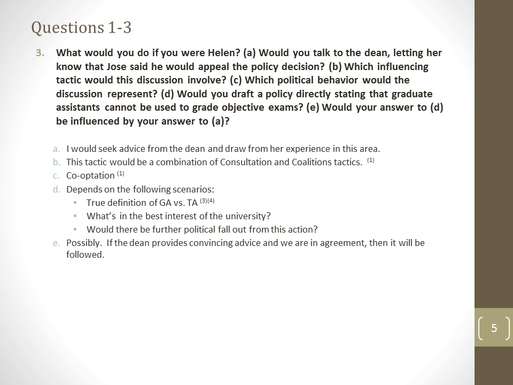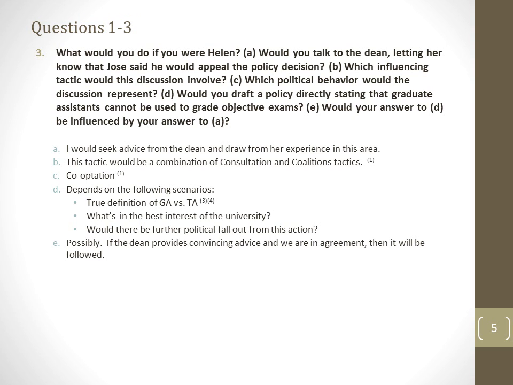And there's also a reference from an HR company in Illinois, which also handles jobs for academics, and their definition of a GA does not include grading exams. So it really depends on what the true meaning of the title is.